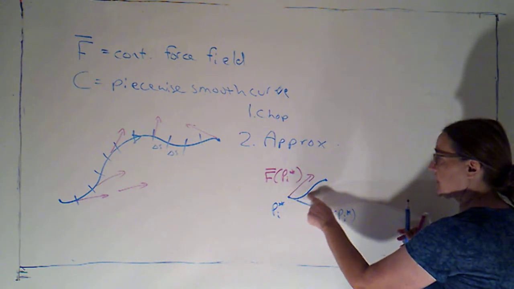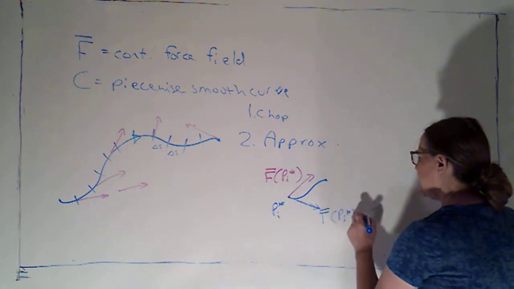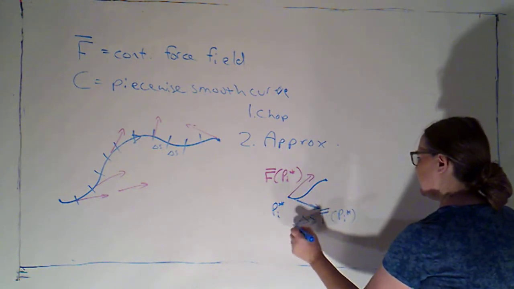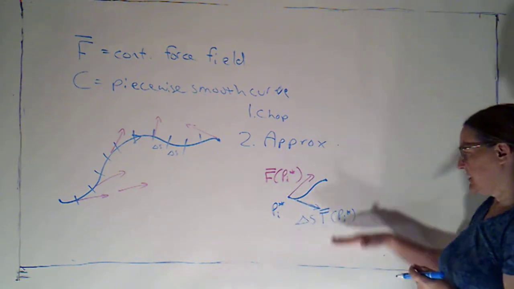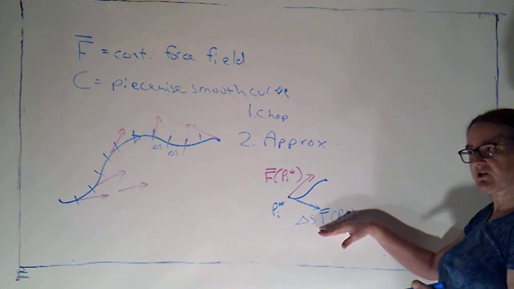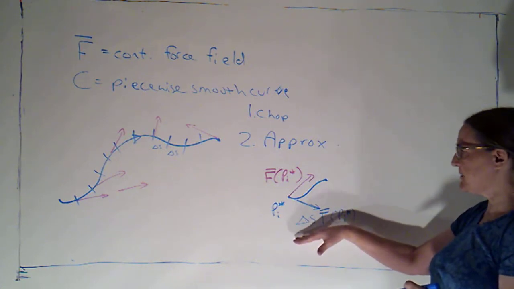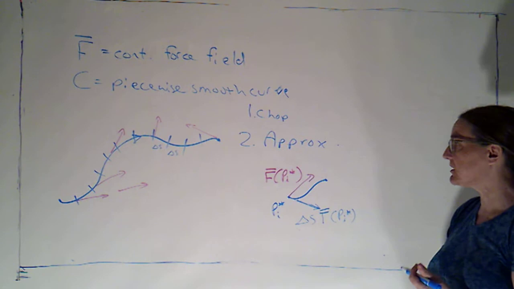I wanted to approximate the length of this curve, so I'm just going to scale that by a delta S. The unit tangent vector gives me the direction. Scaling by delta S means that I'm approximating the arc length.